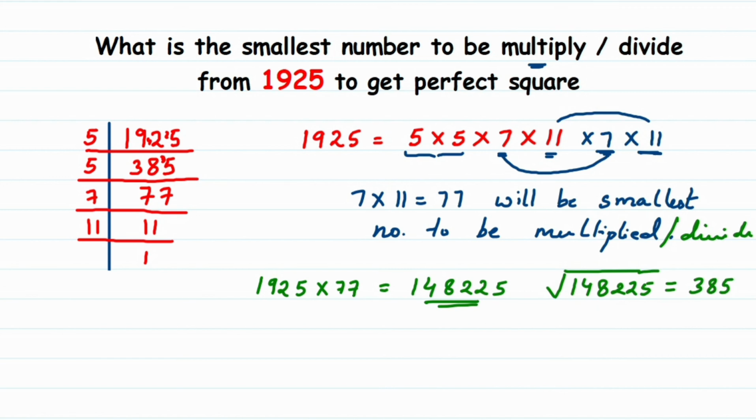And if they ask after dividing with the smallest number, if I divide 1925 by 77 again, I will get 25. 5 into 5, 25 I'll get, and we know the square root of 25 is 5, and 5 is the answer.